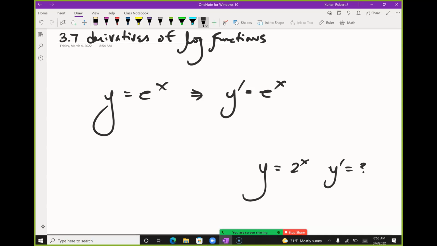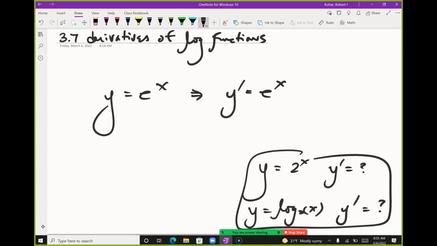Or if y equals log base 2 of x, what's y prime? You could have a teacher for Calc 2 that would make you be able to do things for any base, but I want to try and rip some of the material out, so I'm going to keep my base e. So I'm only going to use e to the x and ln of x.